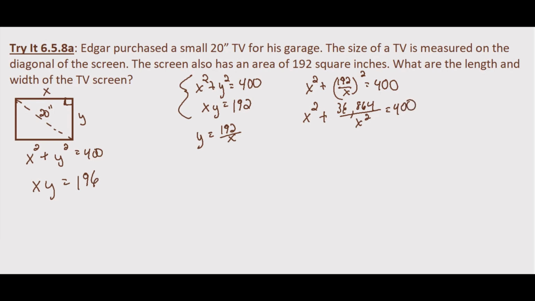So now we'll multiply everything by x squared in order to get rid of that denominator of x squared. So x to the fourth plus 36,864 equals 400x squared.